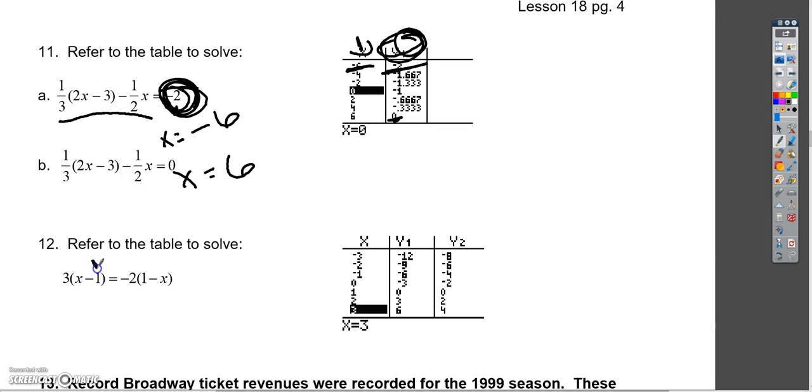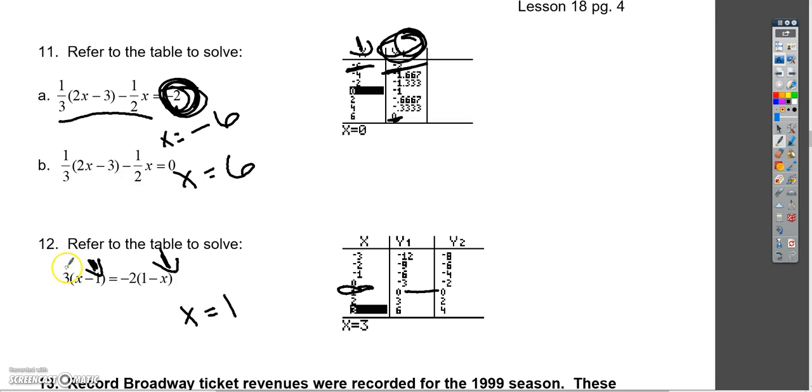Alright, so this is saying this is y1, and this is y2. And if we see here they are the same, so we know that x equals 1.